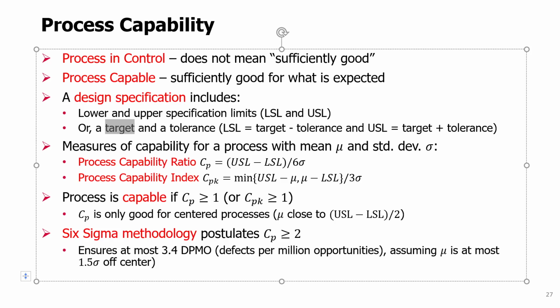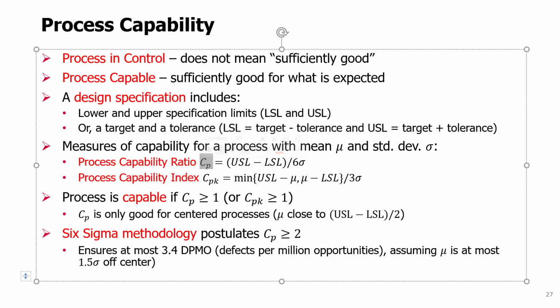So in order to establish if the process is capable, if it is sufficiently good, we can calculate the process mean and standard deviation, mu and sigma, and then we can calculate either the process capability ratio or the process capability index. They're very similar and they calculate similar things, but they have some technical difference.